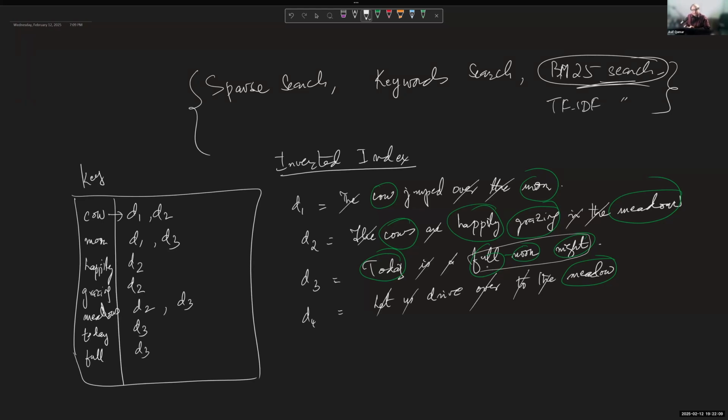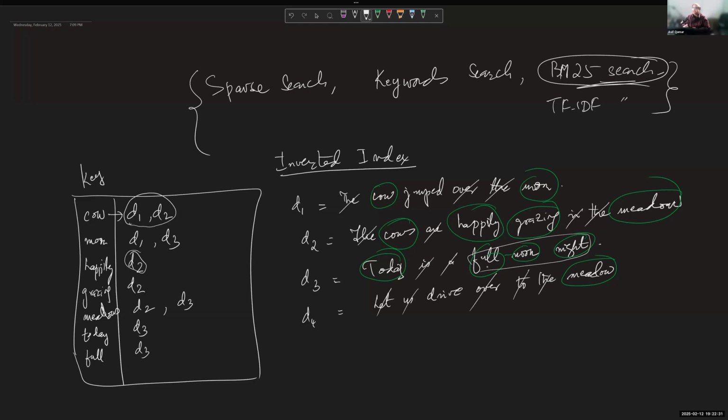So if a user comes and searches for happy cow, where can you find happy cow? You can find it by looking at these 2 documents that contain cow, and this one contains happy, or happily can be lemmatized or simplified to happy.